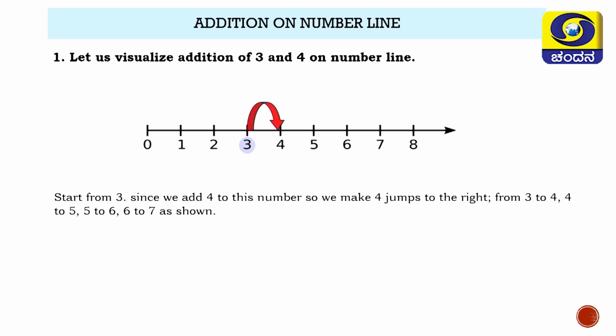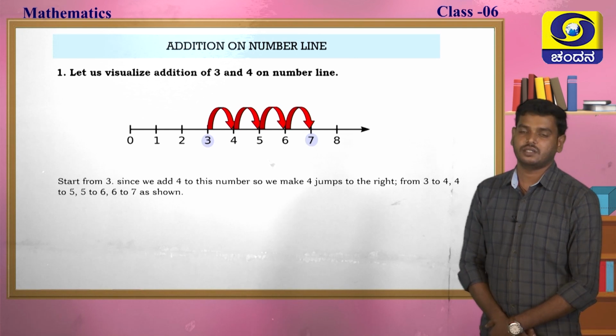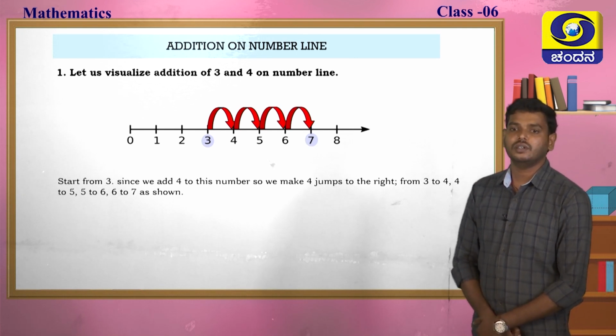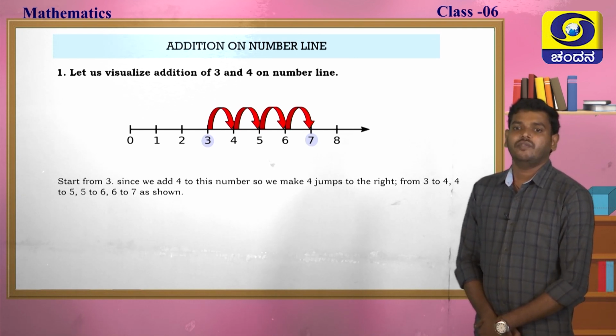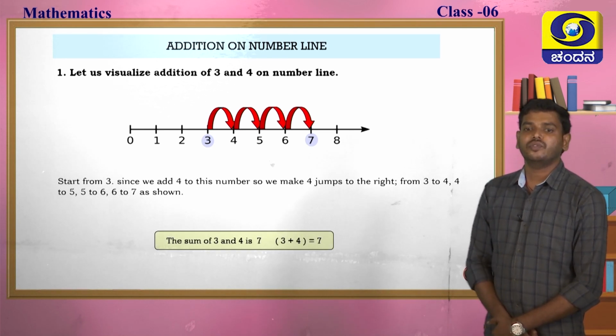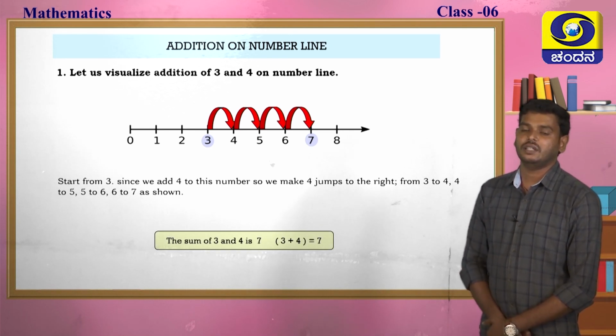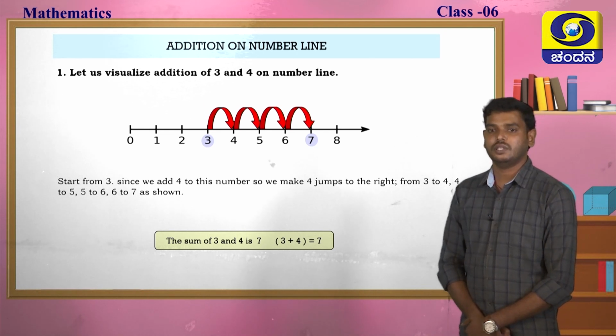See, children, this is the first jump, 3 to 4, the second jump, 4 to 5, the next jump, 5 to 6, and another jump, 6 to 7. This is our fourth jump. Is it correct, children? Yes. So we have reached the number 7, and we get the sum of 3 and 4 as 7, that is, 3 plus 4 is equal to 7.